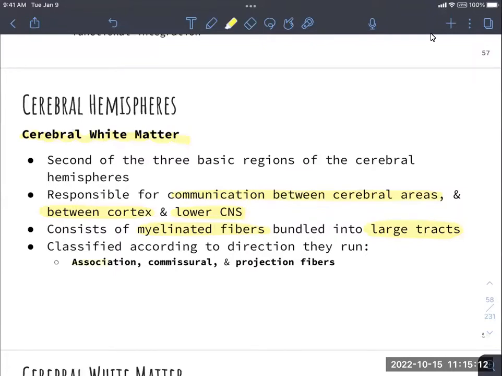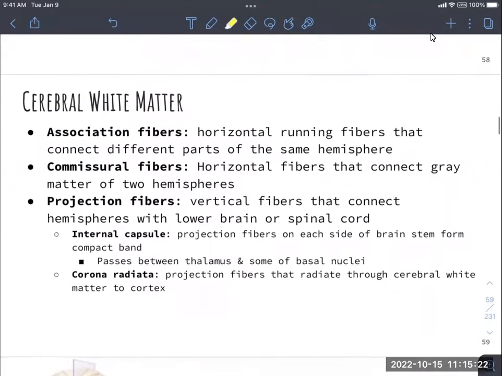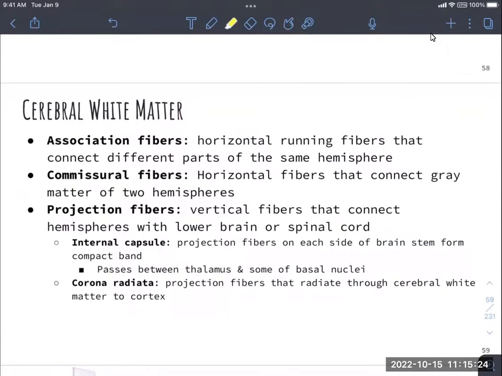So they have association, commissural, and projection type fibers in this white matter. Association fibers. Association fibers are going to stay in that one hemisphere.